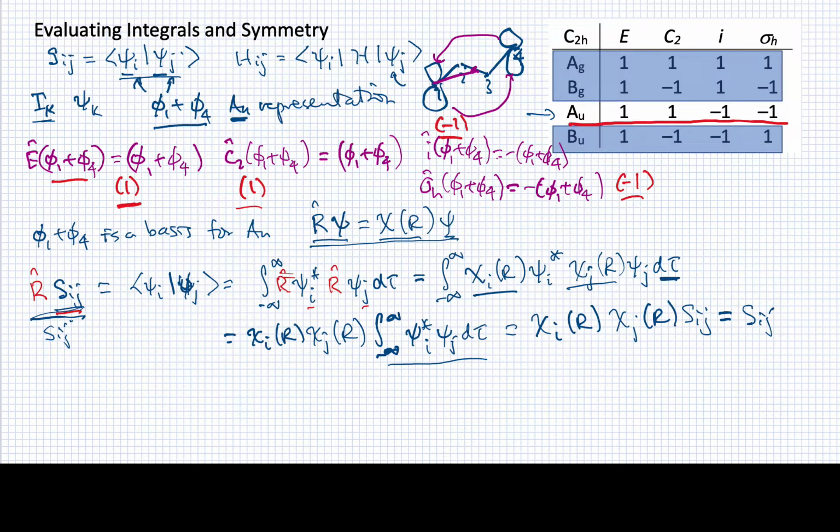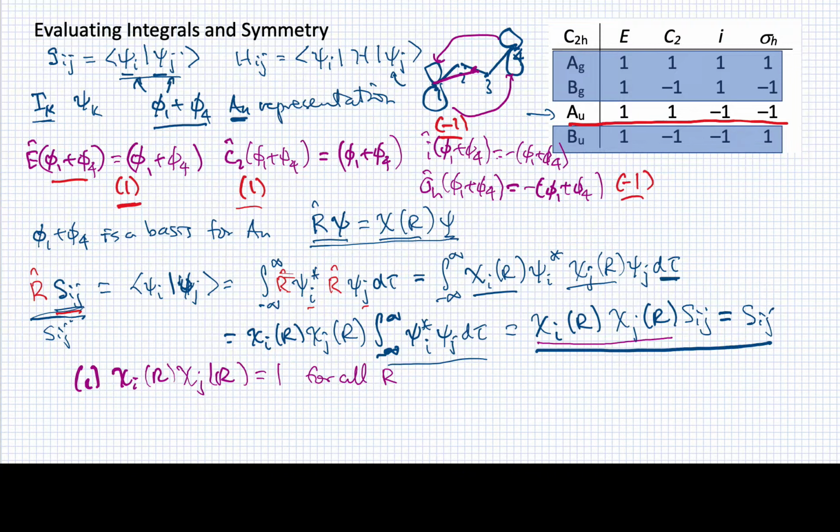All right, so what does that mean? How can we interpret that? Well, since these have to be equal, there's two ways we can make them equal. We can make them equal if this product of things is equal to 1. So our first condition is that chi sub i of R times chi sub j of R equals 1, but it has to equal 1 for all possible symmetry operations in that point group.